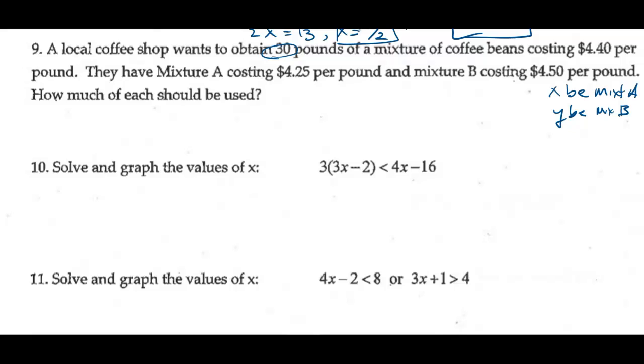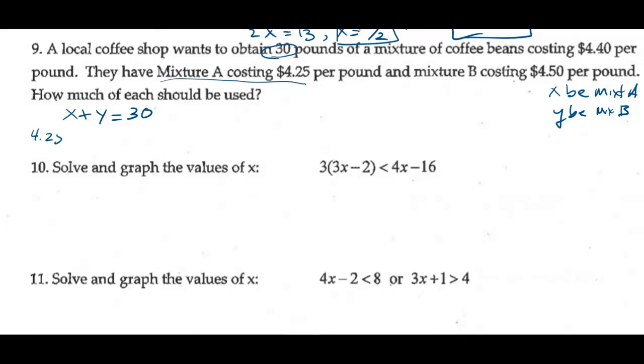So the first thing that's kind of obvious is we know X plus Y added together must be 30. All right, that's the amount. But we also have a cost. So what this is saying is mixture A costs $4.25 a pound.